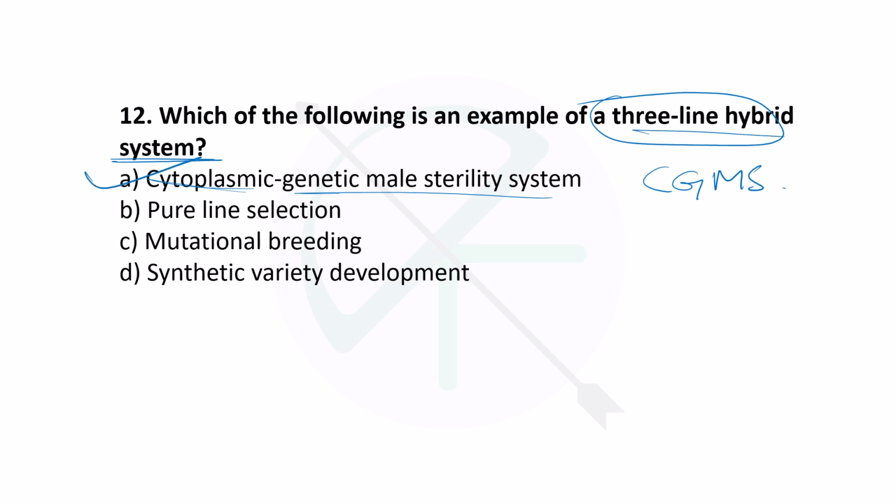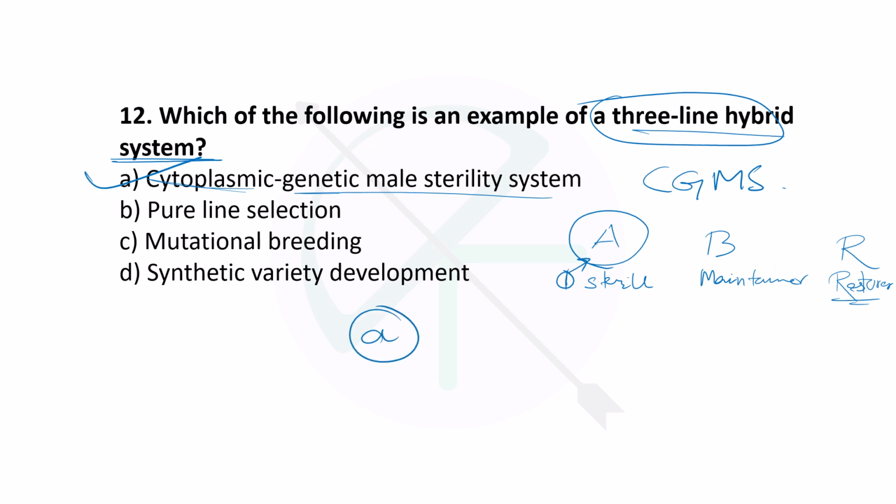It is called a three-line hybrid system because it utilizes three different lines: A line, B line and R line, where the A line is the male sterile, the B line is the maintainer, and R is the restorer. So that's why it's called the three-line hybridization system.